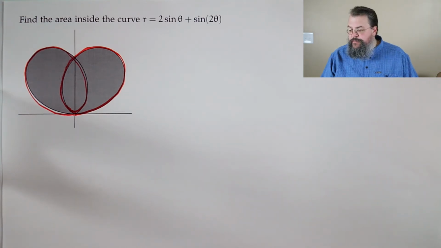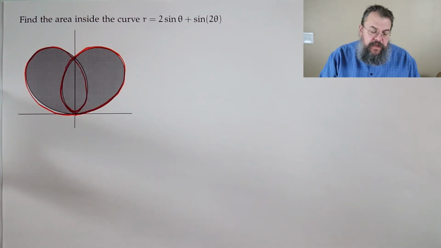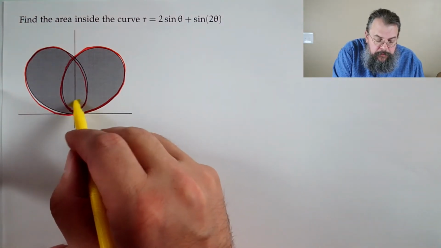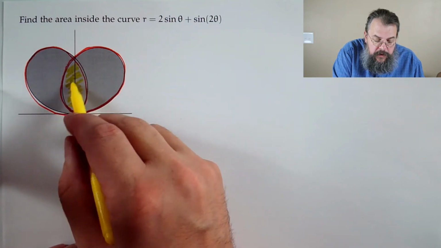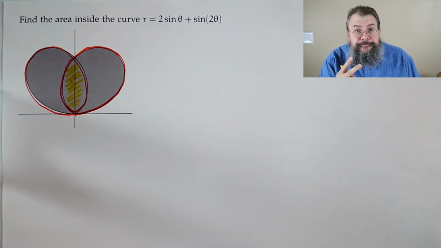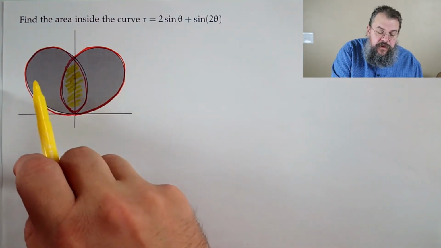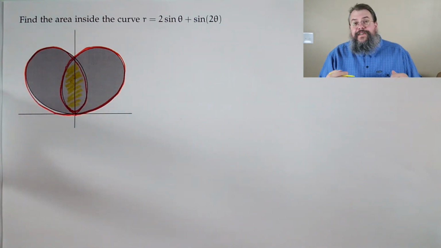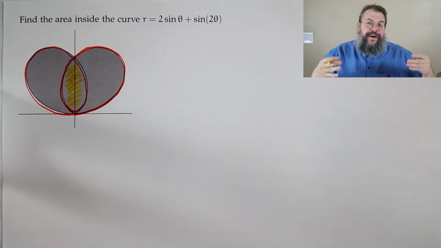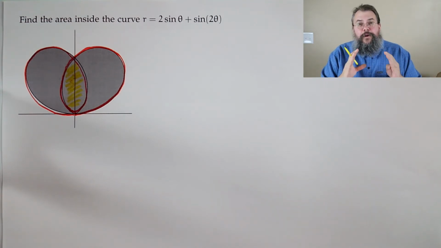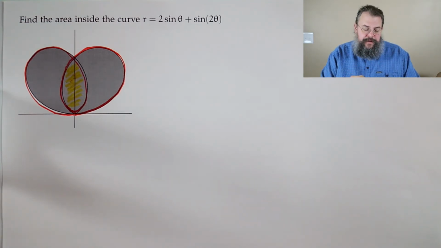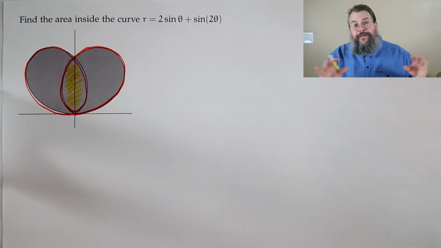If you did 0 to 2 pi, this region here would be counted twice, whereas these two regions would be counted once. So you definitely would have the wrong answer. And it's not as simple as just dividing by 2. That over-counting in the overlap says you do not want to go from 0 to 2 pi.